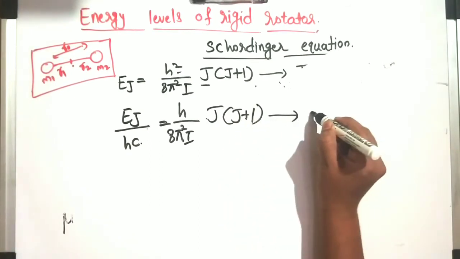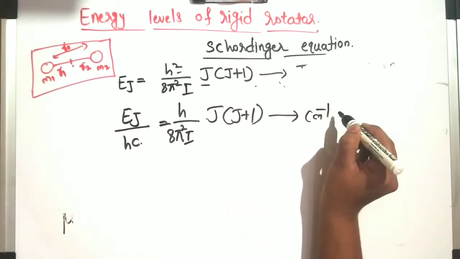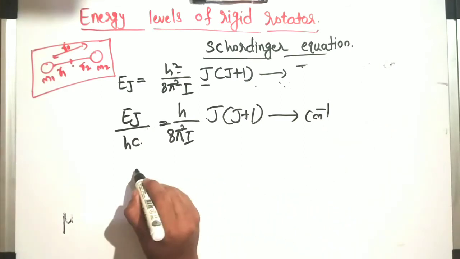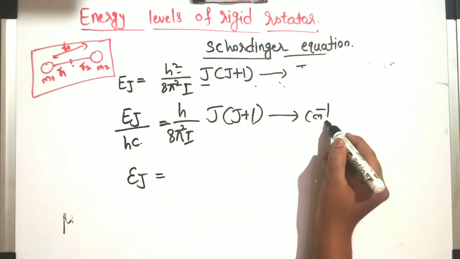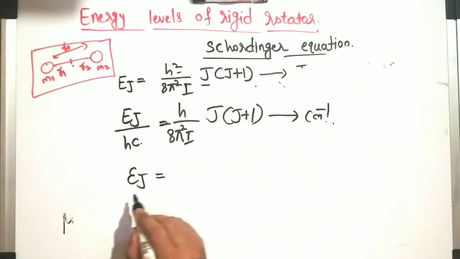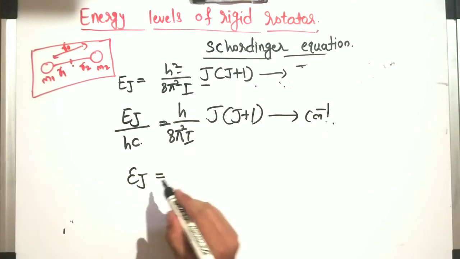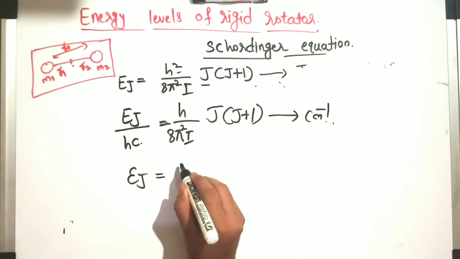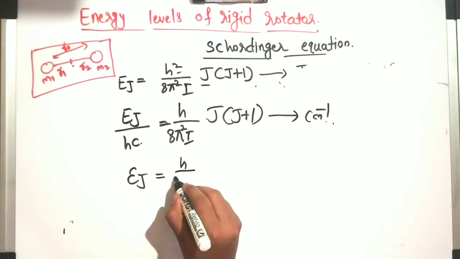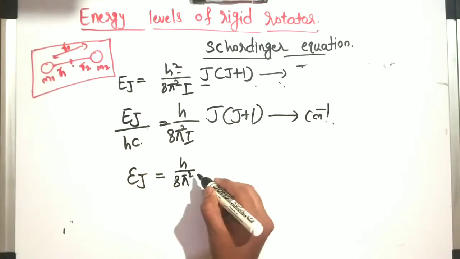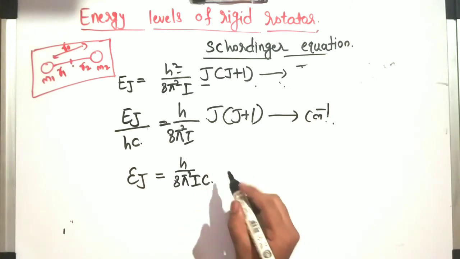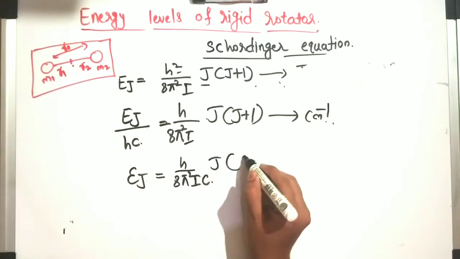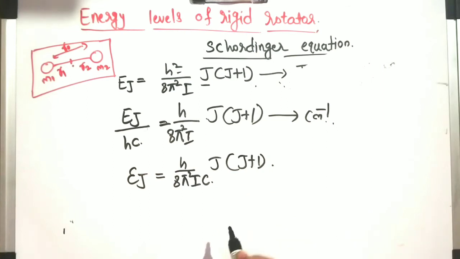This is now in terms of centimeter inverse. So we can write epsilon_J equals h divided by 8 pi square I c, into J of J plus 1.